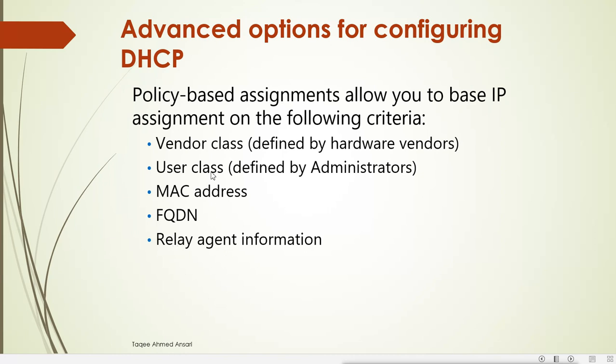So we can use these policies to filter the IP address allocation. That means we can say that for a specific hardware vendor class, we want to provide these IP addresses. We can also use user class, MAC address filtering, fully qualified domain names, and relay agent information. All of this we can configure in the policies.